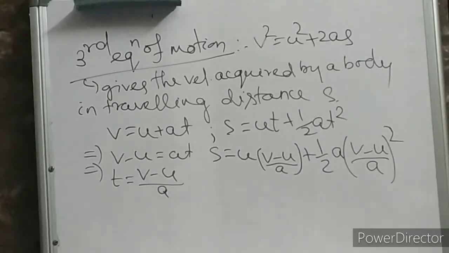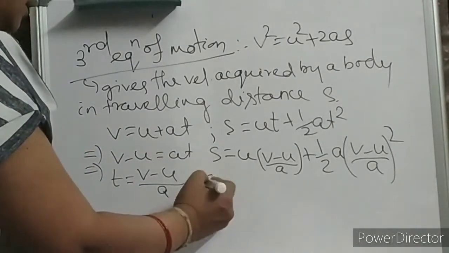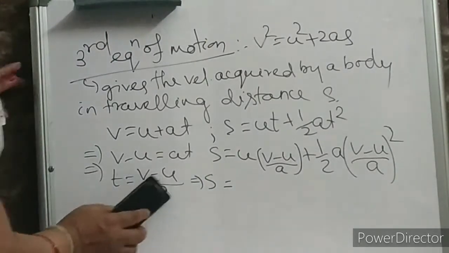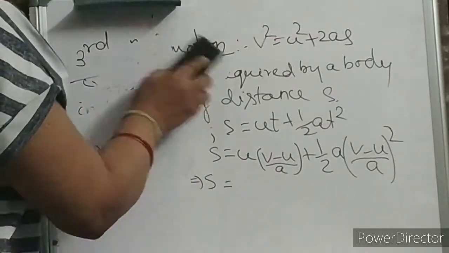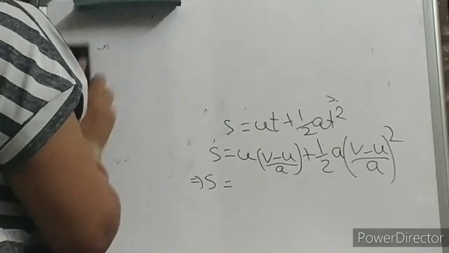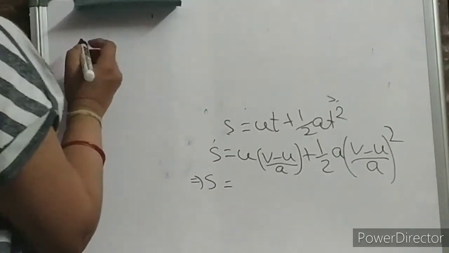So how to write now? Let me erase these things and write this equation over here.